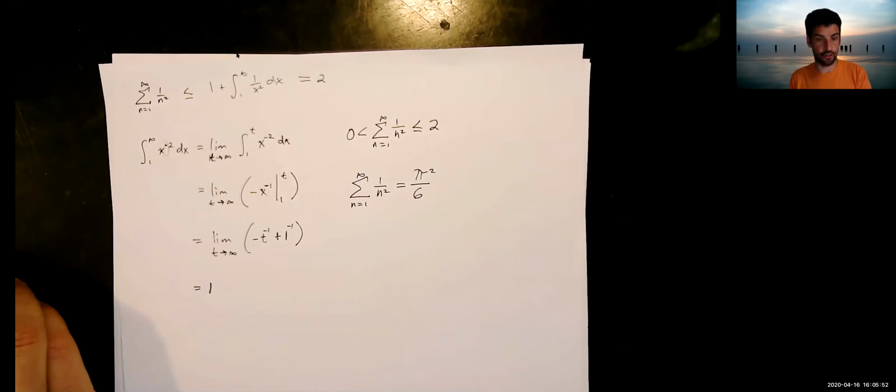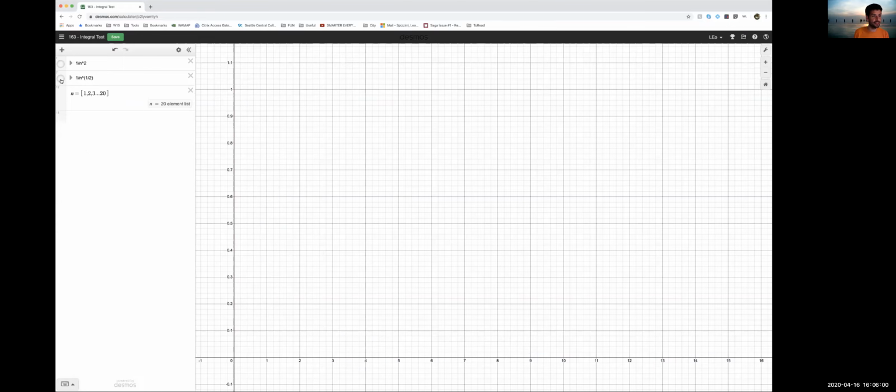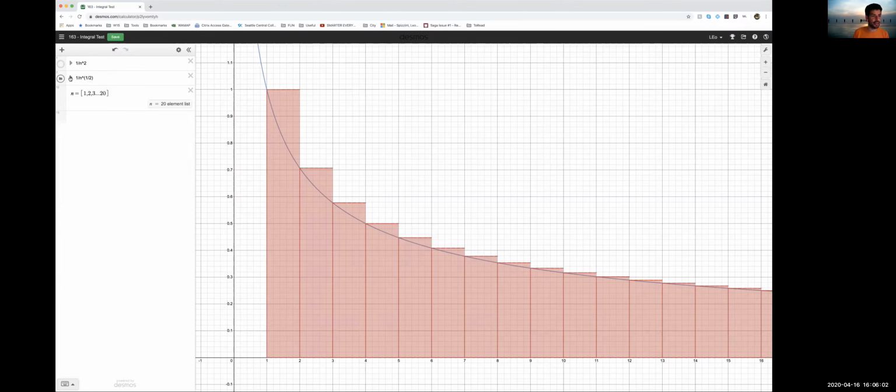Let's go back to that graph for a second and look at the other side of the integral test, okay? So let me close the one we were just looking at, and let's look, for instance, at a slightly different series. So here, I'm now considering the series, oh, let me turn this grid off to make it easier to see.